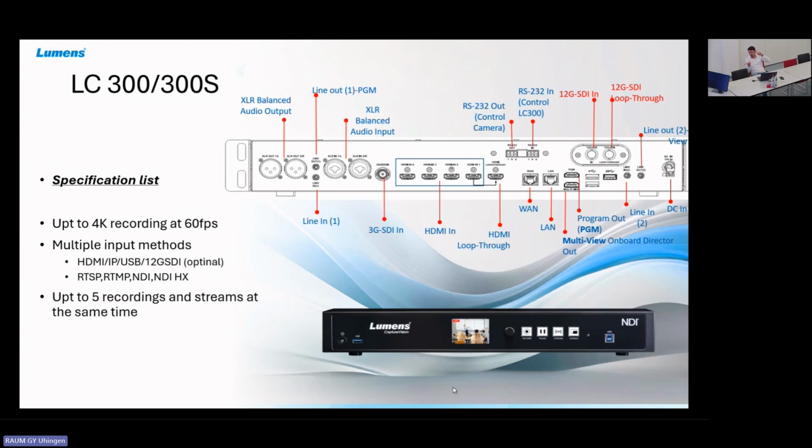For the rest, we have 3G-SDI input, four HDMI inputs for the 4K. We do NDI, full NDI, in and out. We do RTSP, RTMP, SRT, the whole thing. We combine it into the box. And we also have XLR or phantom powered audio in and out on the box.